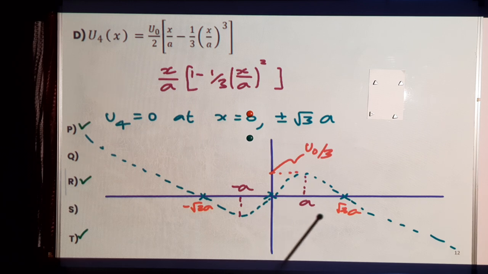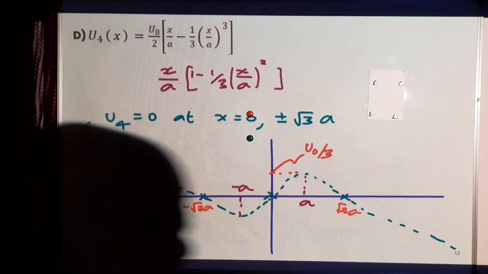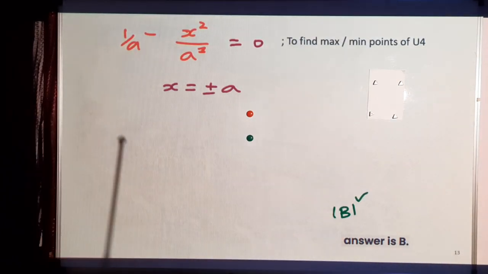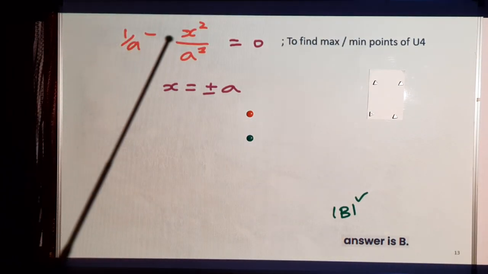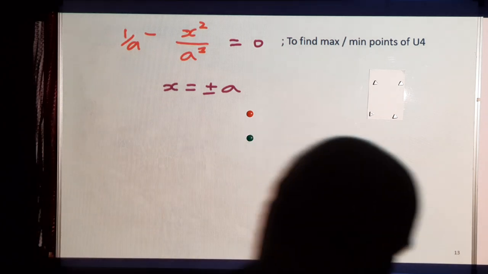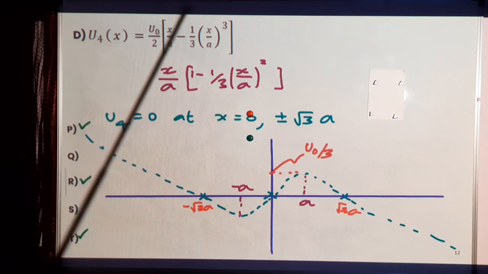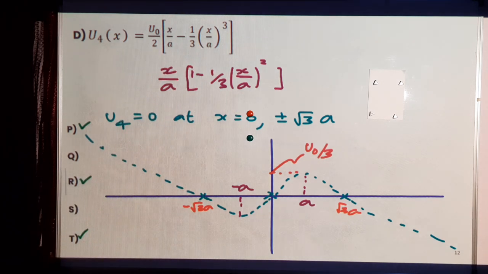To find the location of the maximum and minimum, you have to differentiate this function with respect to x and put it equal to 0. So x by a, if I differentiate, I'll get 1 by a, and then x cube will become 3x square. The 1 by 3 will cancel with this 3, so just x square.